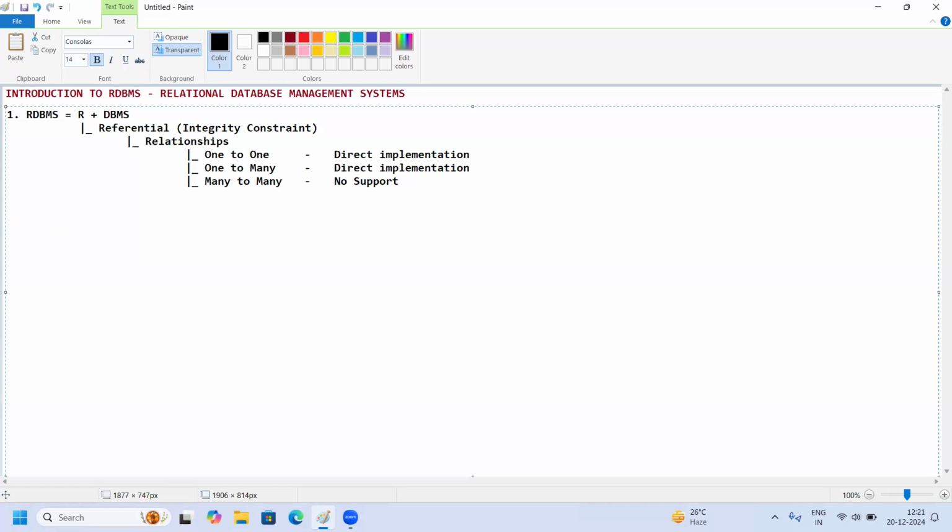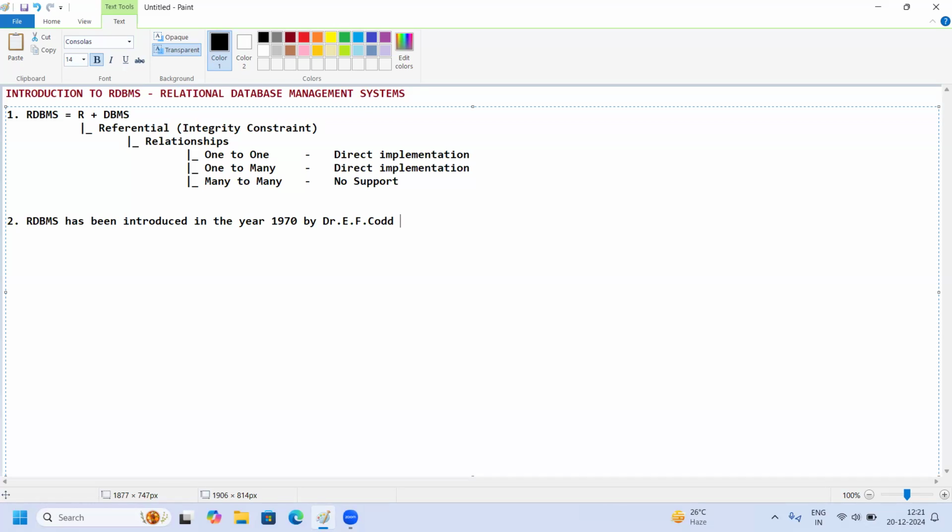Second point. RDBMS was introduced in the year 1970 by Dr. E.F. Codd. Dr. E.F. Codd introduced RDBMS in 1970. Who introduced it?